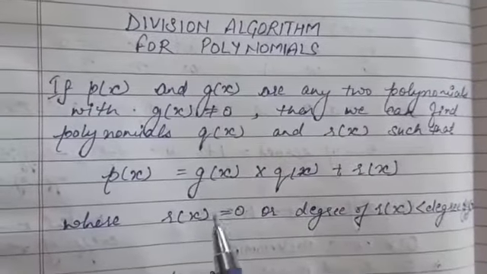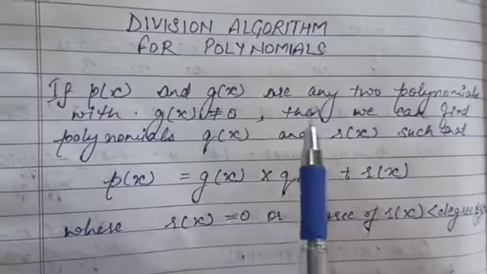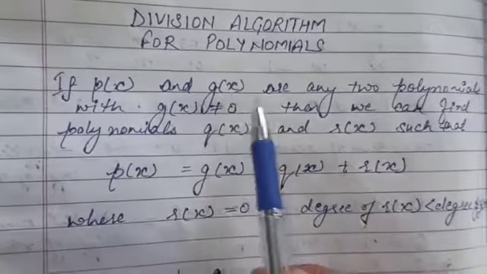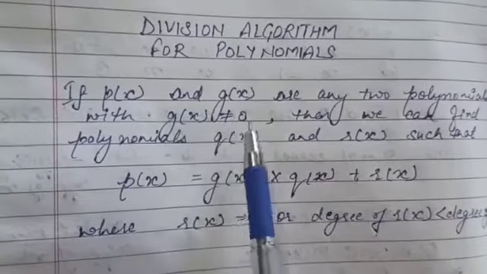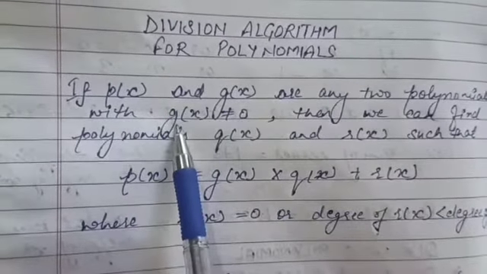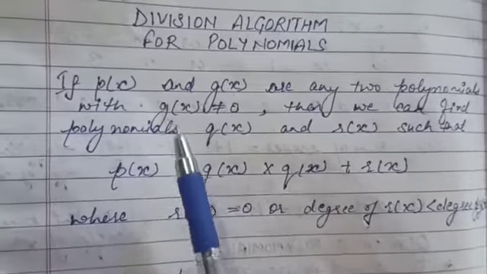What does it say? If we have two polynomials p(x) and g(x) and we divide p(x) by g(x), g(x) cannot be equal to 0, because if we divide p(x) by 0, then our result will be undefined. You know very well.